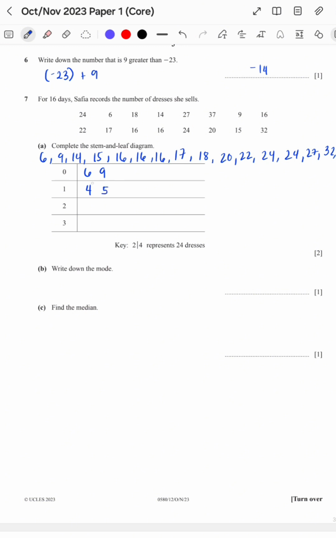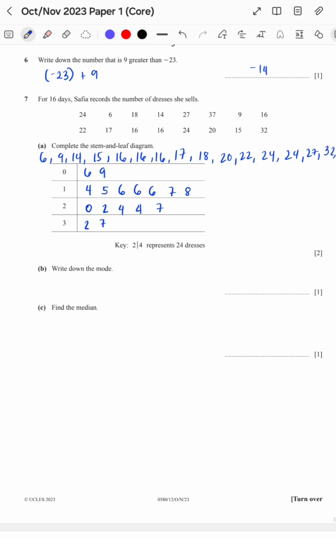For 15, 1 and 5. 1 and 6, there are 3 16s. 17, and then your 18. Next, the numbers that start with 2. So that's 20, 22, 2 24s. Then we have 27. And the last two numbers start with 3. So that's 32 and 37.